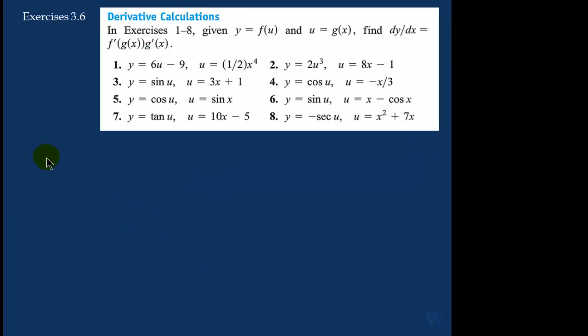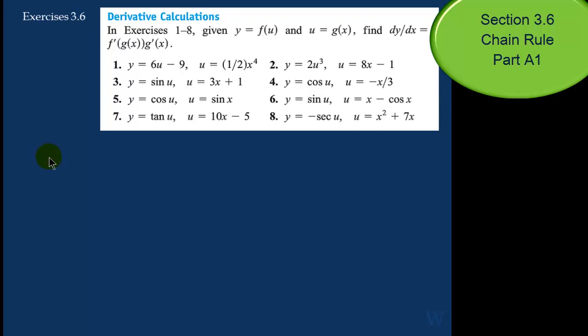Exercises 1 through 8 say that you're given that y is a function of u, and then u is a function of x, and we are asked to find y prime. I will show two ways of solving these problems. Let's look at number 1. Y is equal to 6u minus 9, and u is equal to 1/2 times x to the 4th.